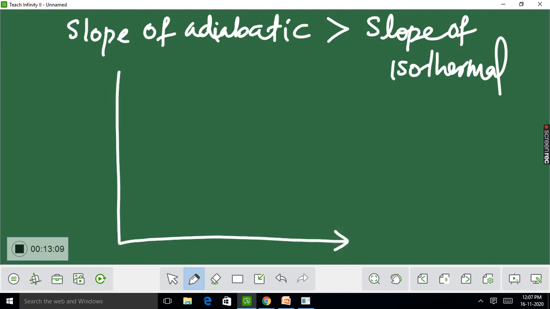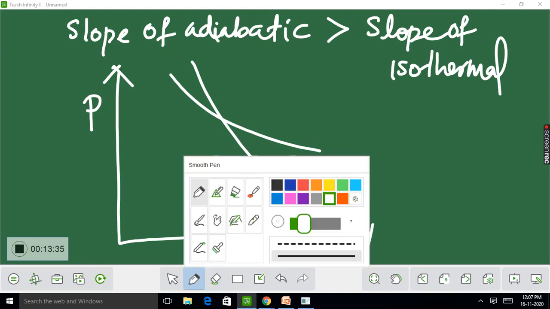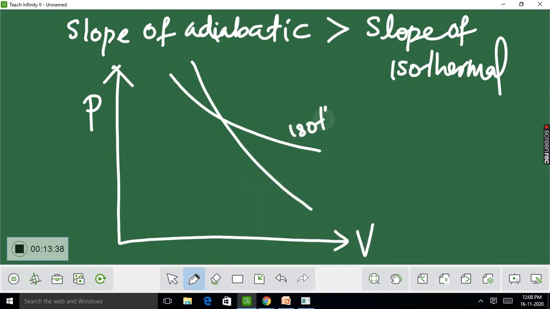If we plot the PV diagram for isothermal process, it will be like this, but if we plot the PV diagram of an adiabatic process, it will be like this. So this is for isothermal, and this is for adiabatic.